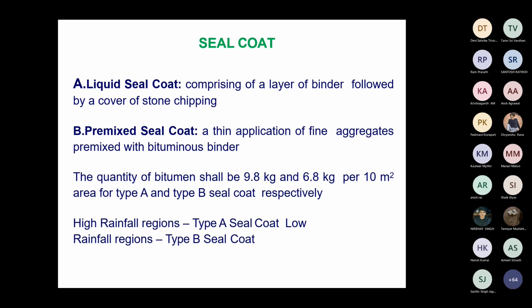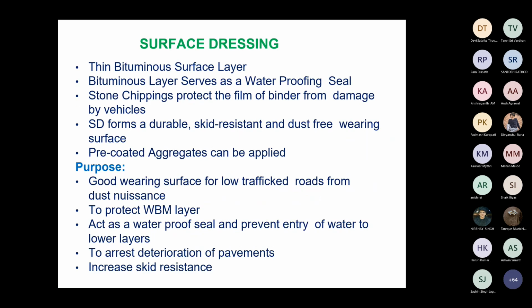Okay. So the quantity of bitumen should be 9.8 kilograms to 6.8 kilograms per 10 meter square, depending on type A and B seal coat respectively. And for high rainfall regions you can go for type A seal coat, and for low rainfall regions you can go for type B seal coat.